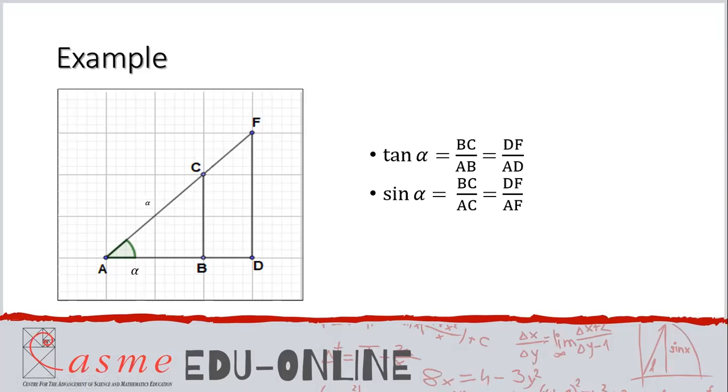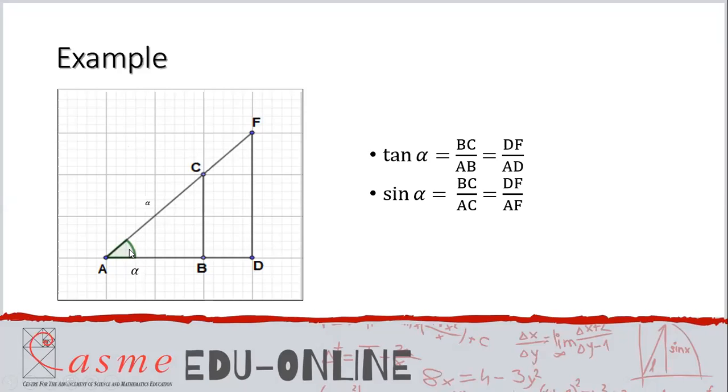The third one is the cosine, which we write as cos. Now, how to find cos? For the cos, we use adjacent and the hypotenuse. If you look at our angle alpha, which side is adjacent? AB. And which side is the hypotenuse? Already we've said hypotenuse is AC.